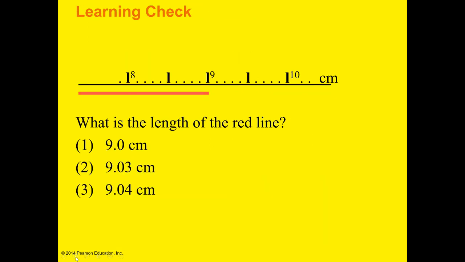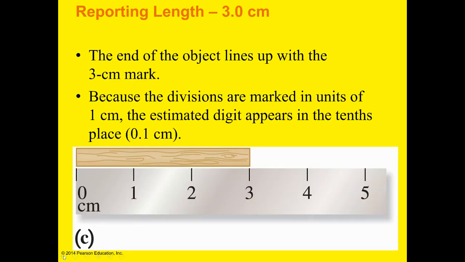Okay, I want to go back to that. In this case, this is a good slide because it shows us where students will struggle with this. So if I have this centimeter ruler and it shows at 3, it's marked in 1, 2, 3, 4, 5.